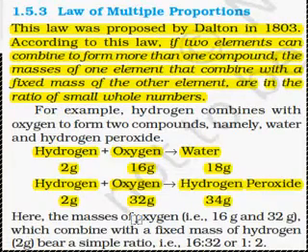So here the masses of oxygen, that is 16 gram and 32 gram, which combine with the fixed mass of hydrogen, that is 2 gram, bear a simple ratio, that is 16:32 or 1:2.